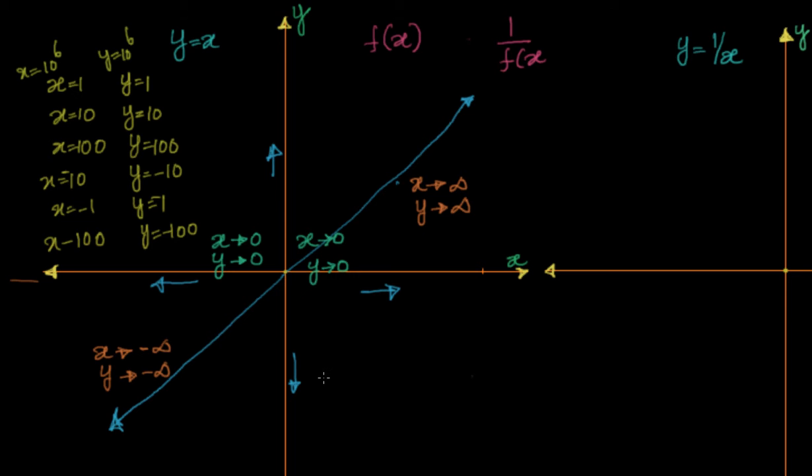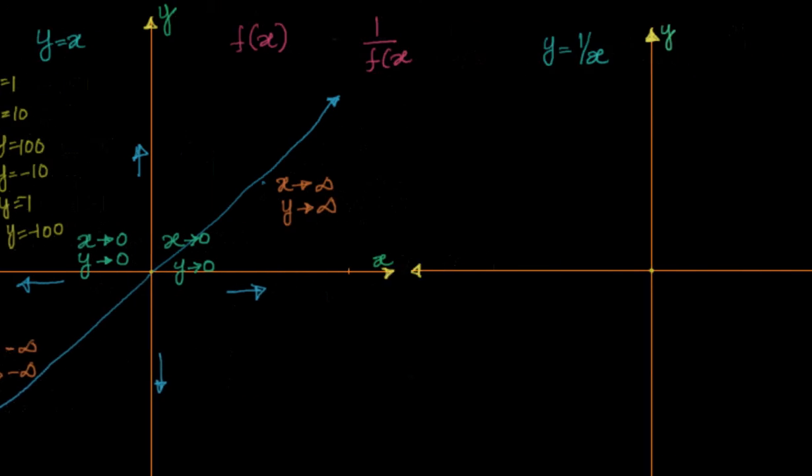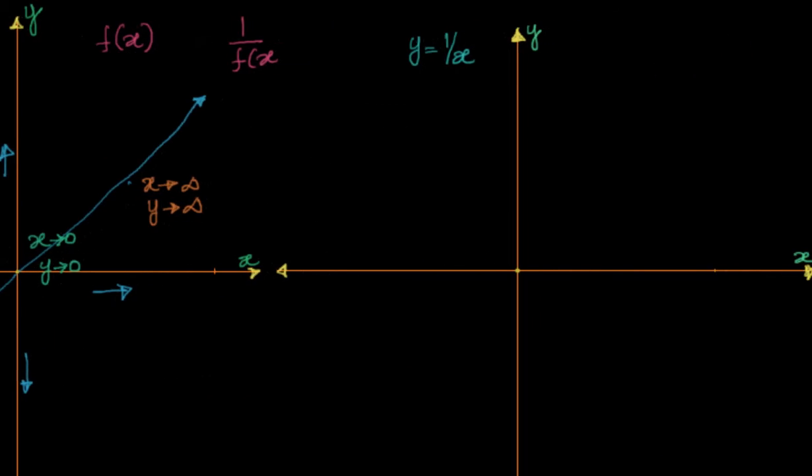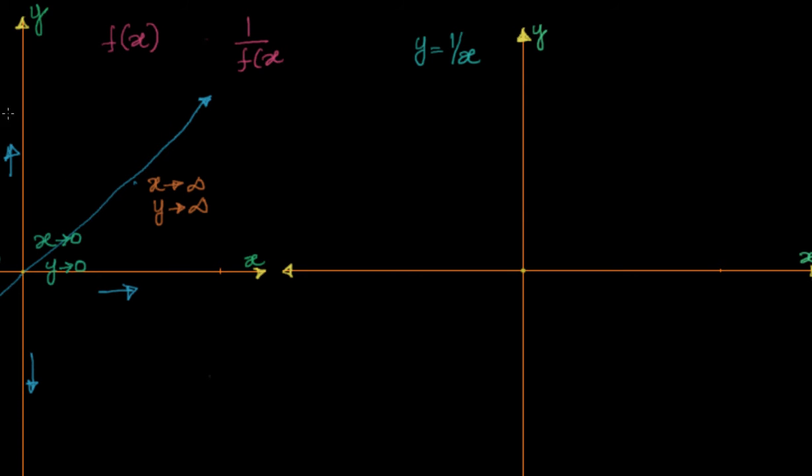Now let us see y equal to 1 by x and see how it behaves. What I will try to do now is plot y equal to 1 by x. So let me take some values. I will say x equal to 1, y equal to 1, perfect. If x equal to minus 1, y is equal to minus 1.